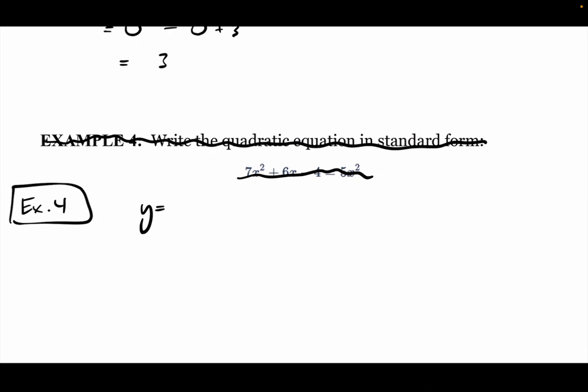Y equals -2x squared plus 4x minus 10. So what do I want you to do? I want you to first tell me what A, B, and C are.